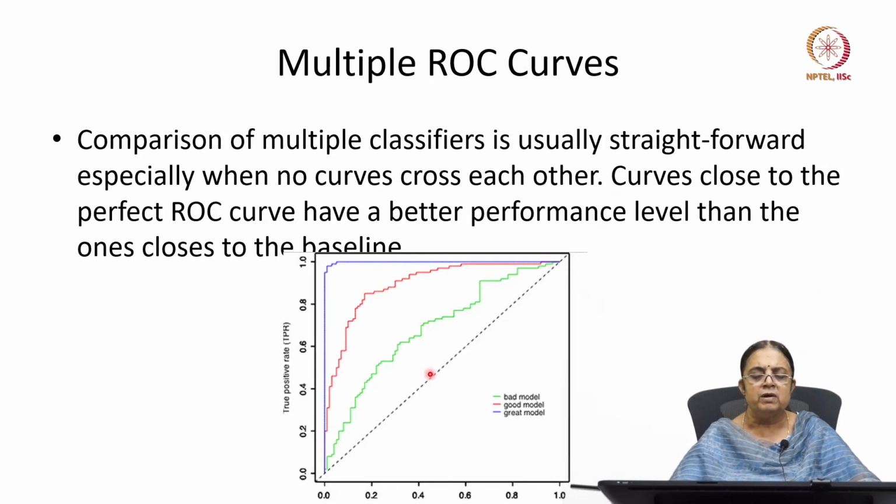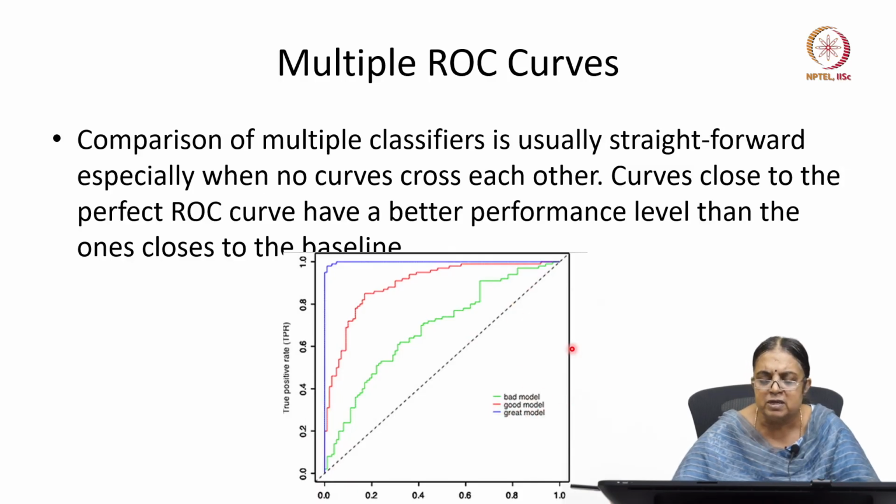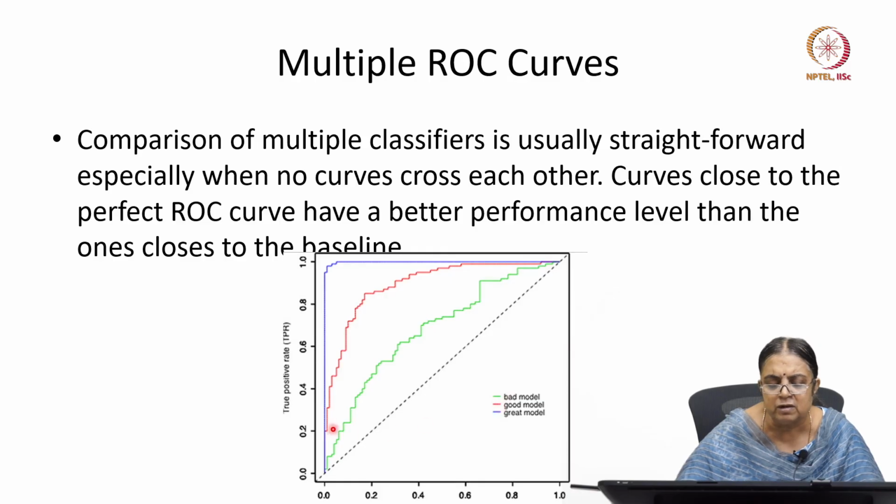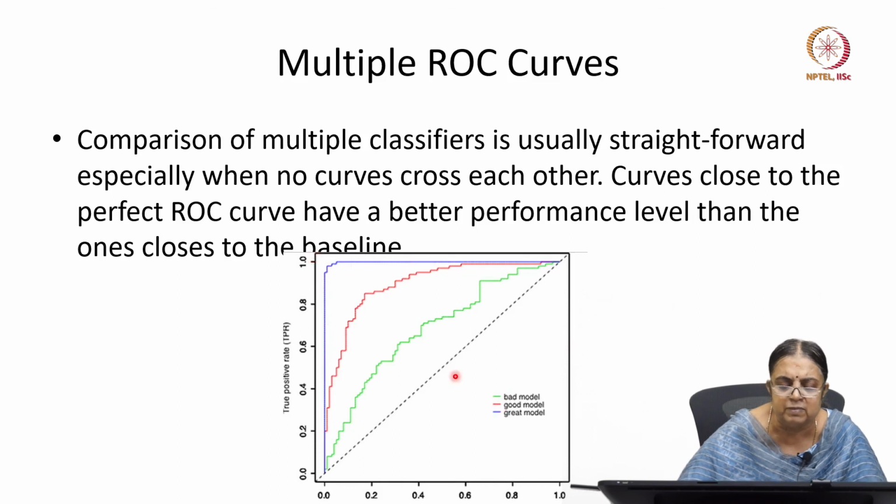For example, you have here different ROC curves. You can see that this one which comes closer to this one here is a great model, this red one is a good model and this green one is a bad model basically. So what we want is where the ROC comes closer to the 1.0 here.